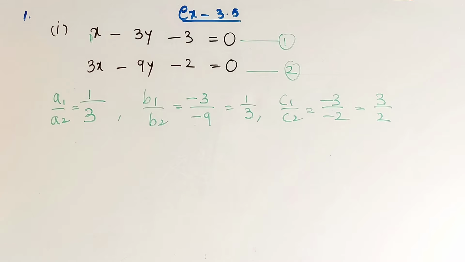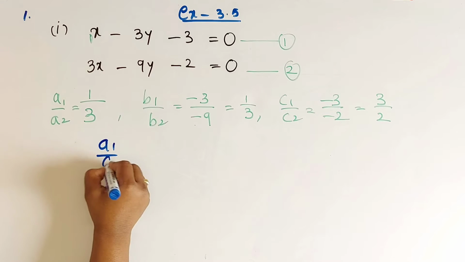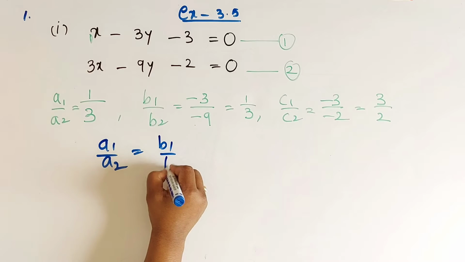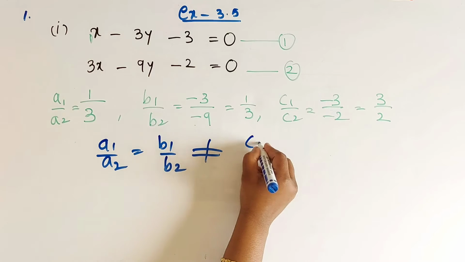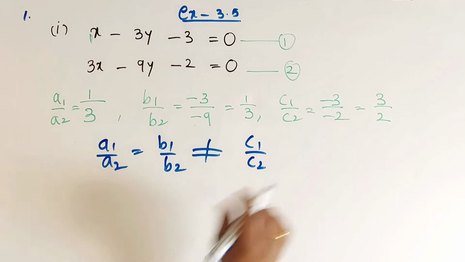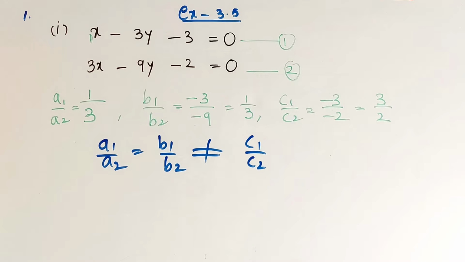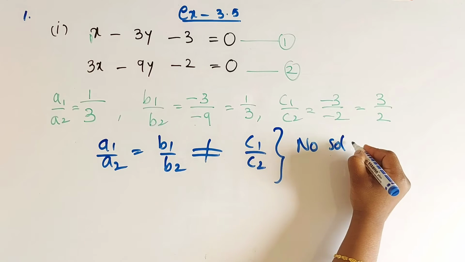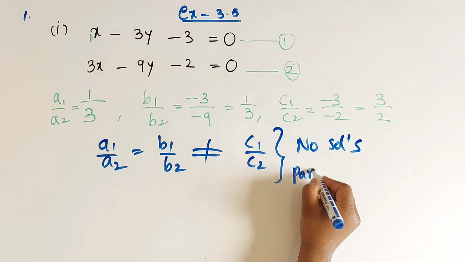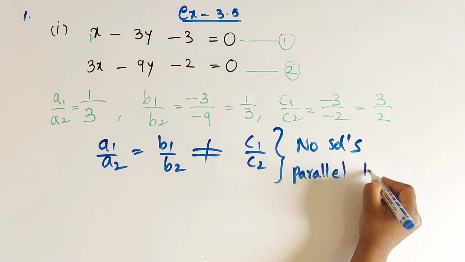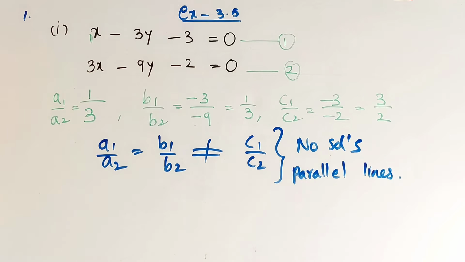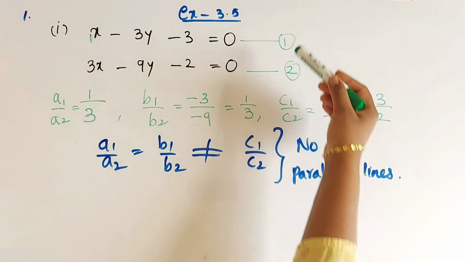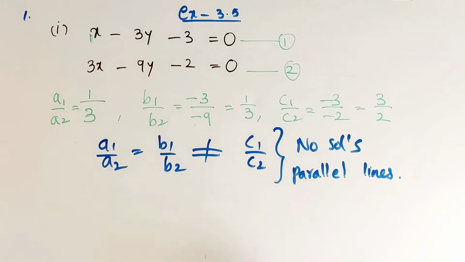That means a1 by a2 is equal to b1 by b2 but not equal to c1 by c2. In this case, we have no solutions, children, because parallel lines. Therefore, the pair of linear equations are parallel lines. That means no common points, no solutions.